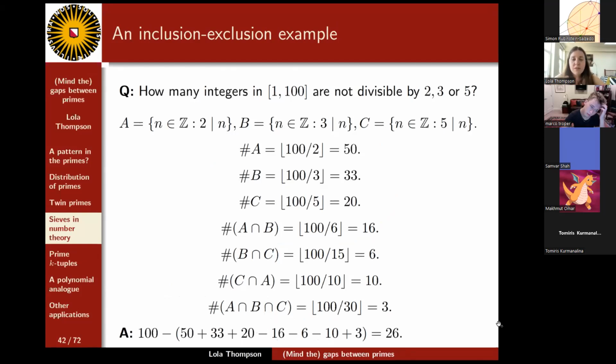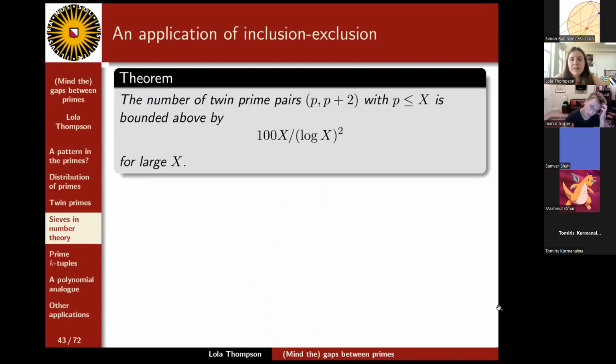So this just gives you a flavor of 2 types of sieves that we use in number theory. And using a more complicated version of the sieve that I just showed you, the inclusion-exclusion, we have a fancier sieve called Brun's sieve.